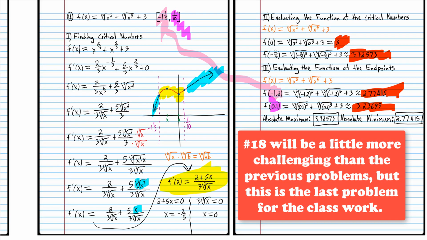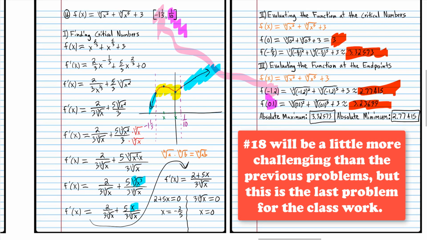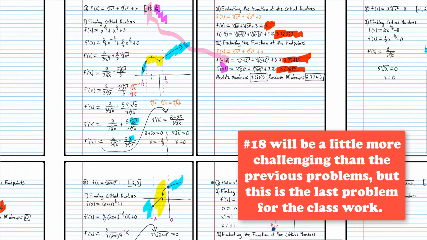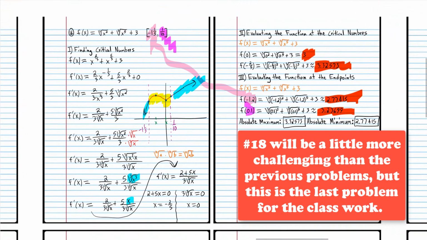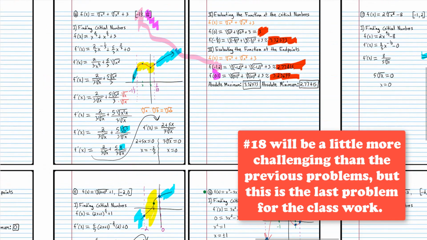And if the numerator was 0, that x value that made it 0 was a critical number, and if the denominator was 0, that x value that made it 0 was also a critical number. Now, if the denominator and the numerator are 0 at the same time, that's a different situation, but we're not going to encounter that. So get a picture of number 14. That's going to be very helpful.